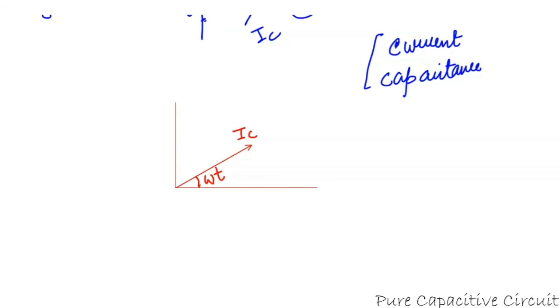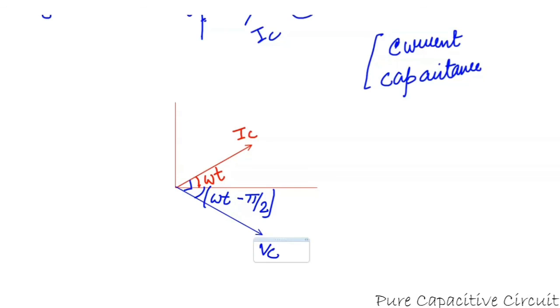So V_C is a vector with magnitude V_0 and angle ωt − π/2, lagging by π/2. This is V_C.